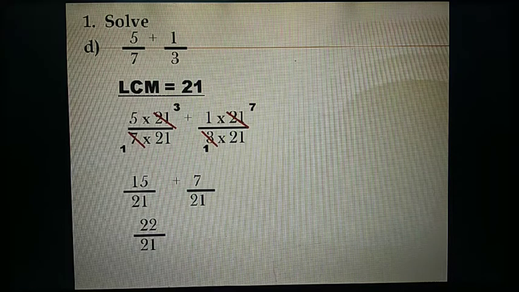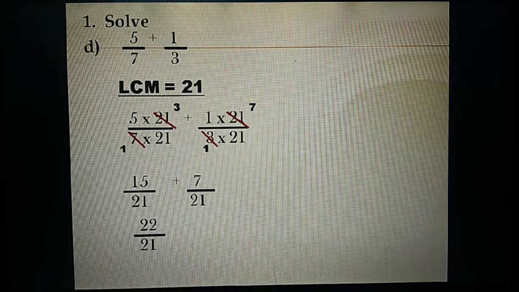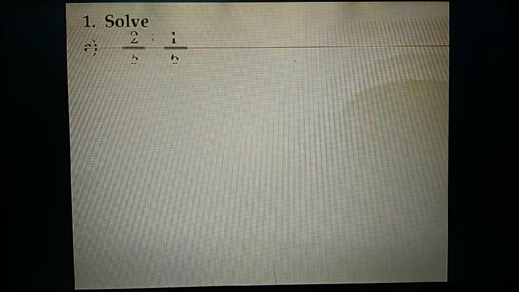Yes. Here we are getting 22 upon 21. As it is an improper fraction, we can reduce it to a mixed fraction, or you can leave it also.